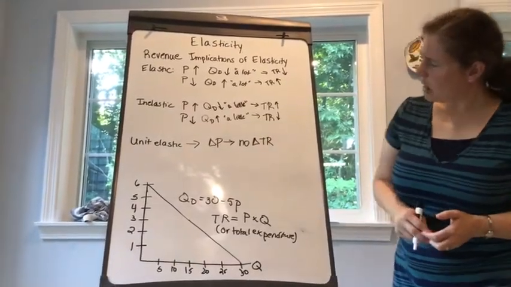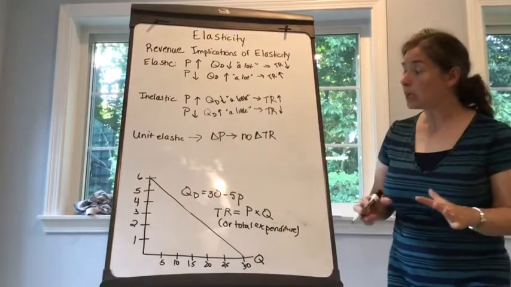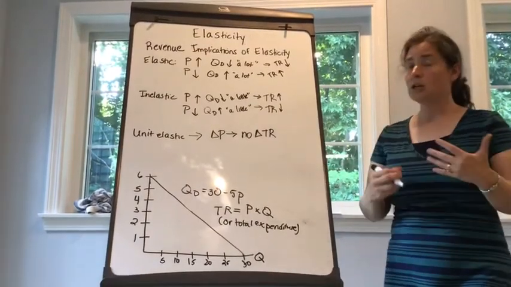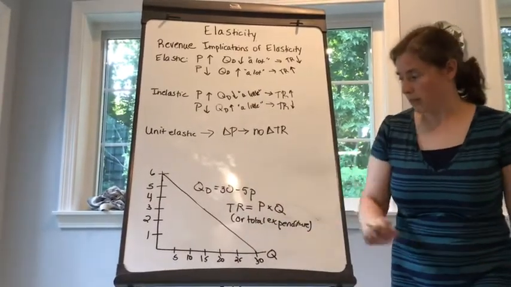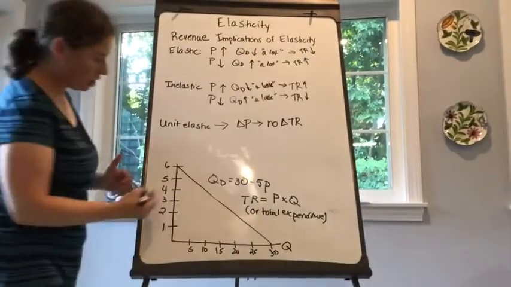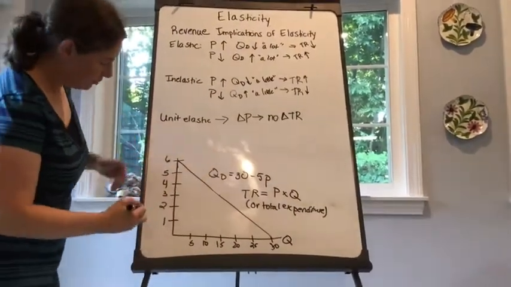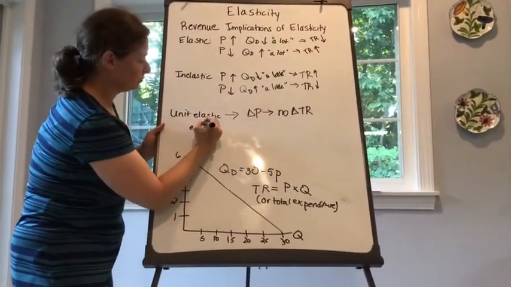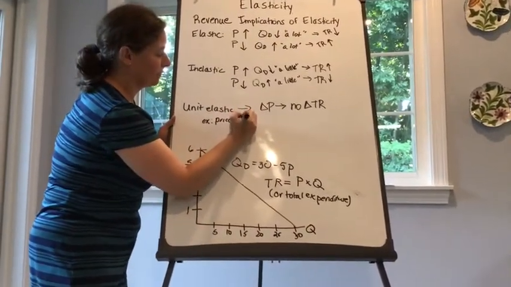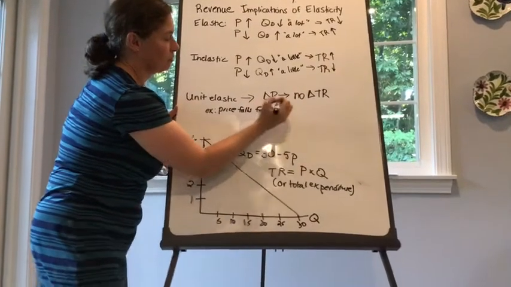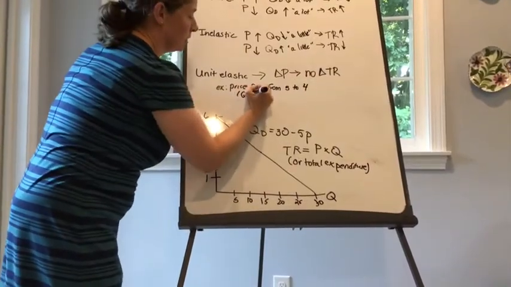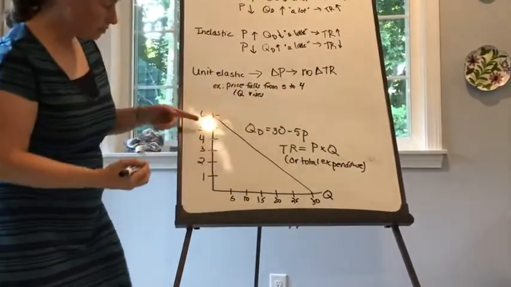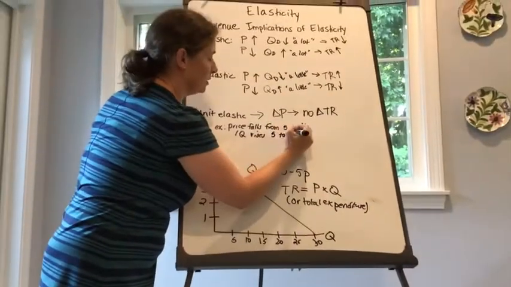Okay, so I want to take a look at maybe just calculating a couple numerical examples to confirm this. So let's take advantage of what we see on our demand curve here. So first what I want to do is look at a change in price from 5 to 4. That's going to correspond to quantity rising from 5 to 10.